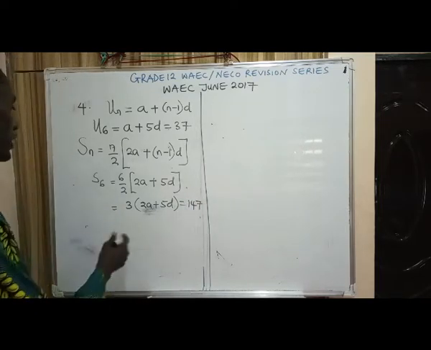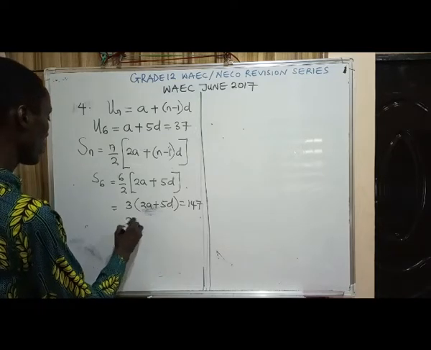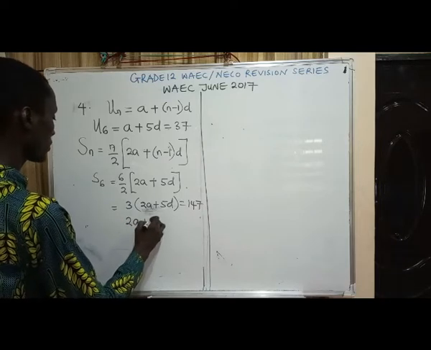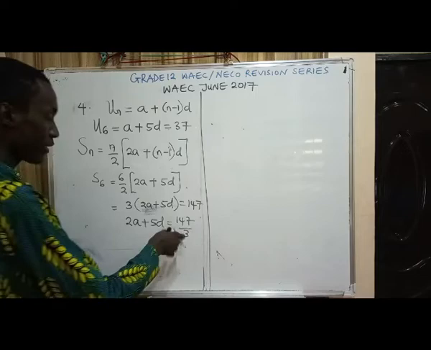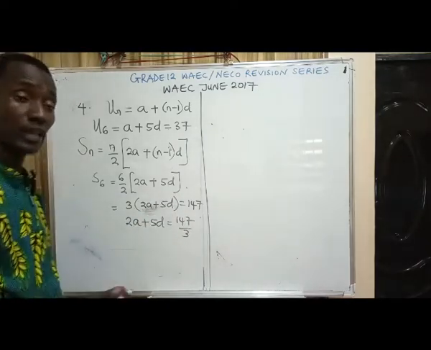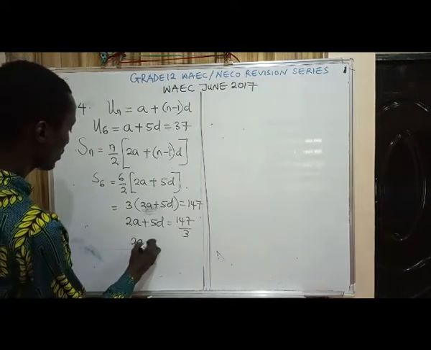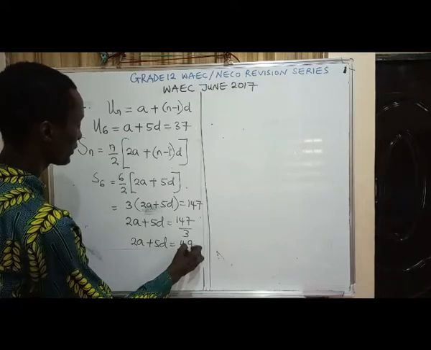So if I'm going to write this out, 2a plus 5d will be equal to 147 divided by 3. I observed that this number will be divisible by 3, hence I had to take care of that immediately. So 2a plus 5d will now be equal to 49.